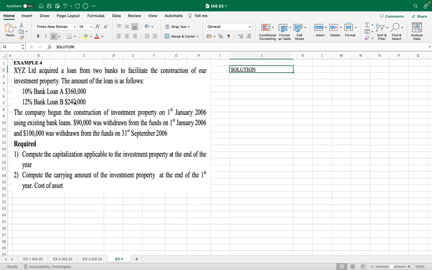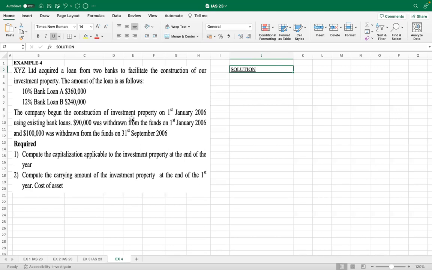What we are sure of is that it was part of these 2 loans, but we don't know if it was removed from loan A or from loan B.